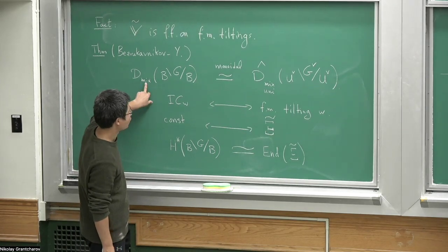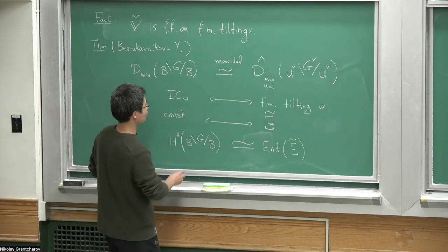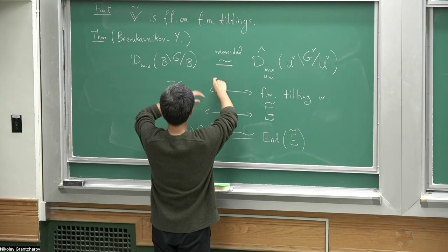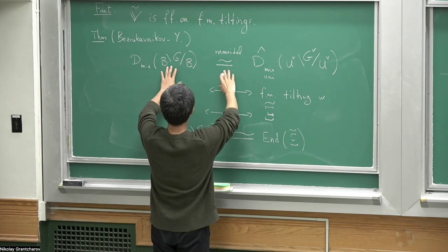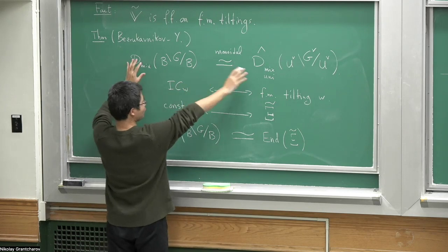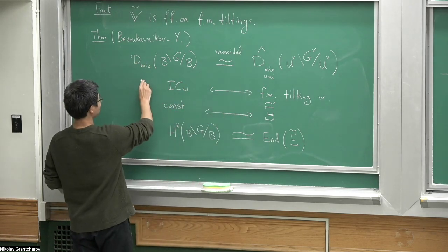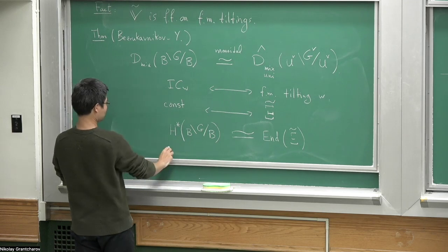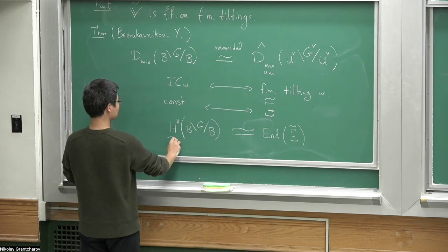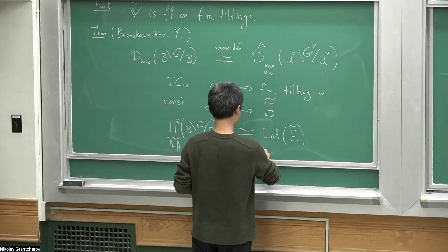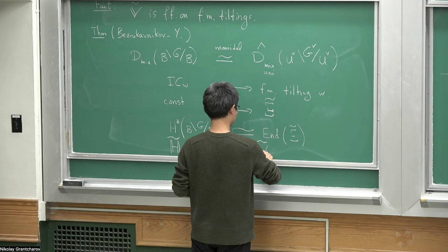And also, from the construction, it's clear that the Soergel functors on both sides are intertwined. So the Soergel functor H tilde on the left-hand side is intertwined with the V tilde on the right-hand side.